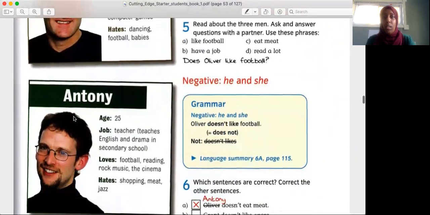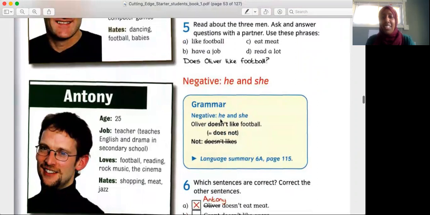Oh, more. Oh, God. So we have he, she with doesn't. So Oliver doesn't like football. So just the contraction here and changing the S. All right.